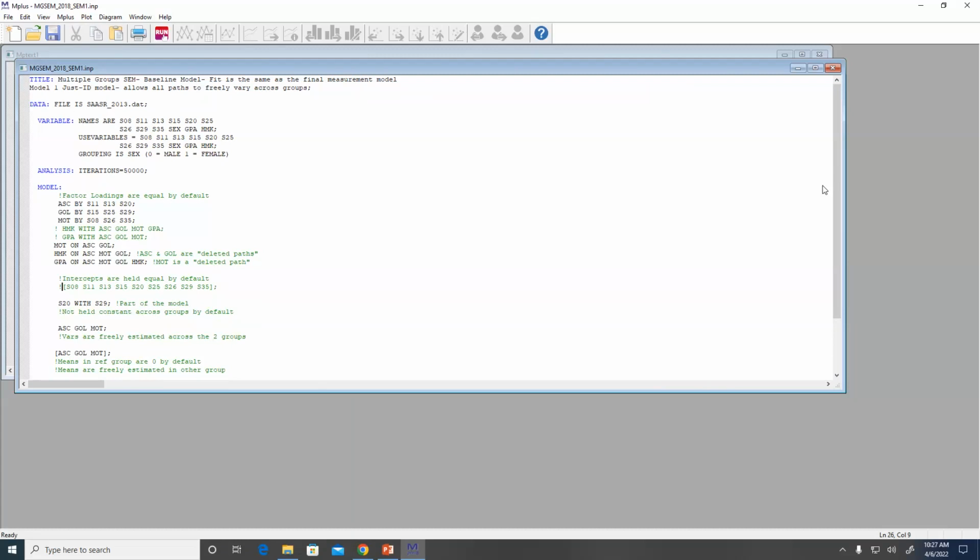How might this get more complicated now that we're in a multiple groups framework? That's right, because we've got these conceptually omitted paths potentially across the two groups. Let's just take one of them.